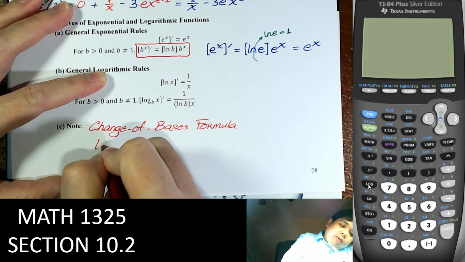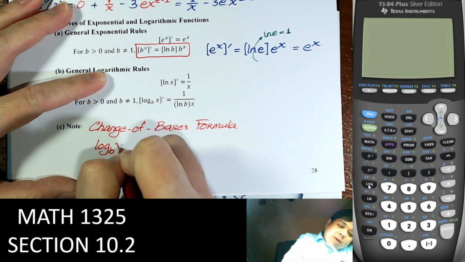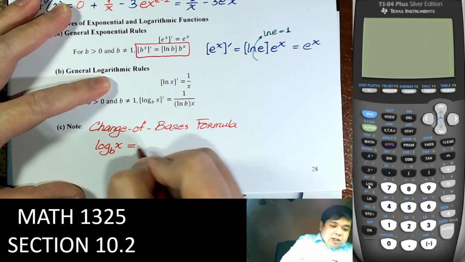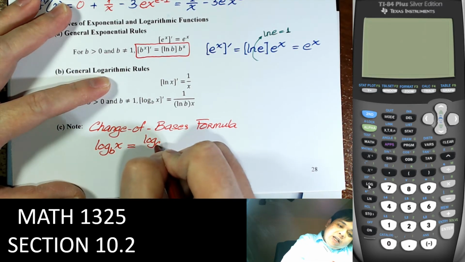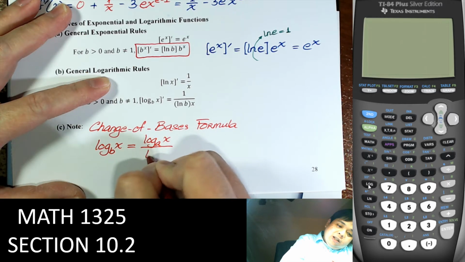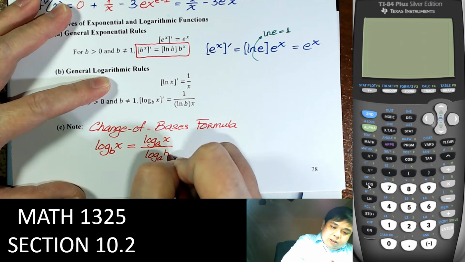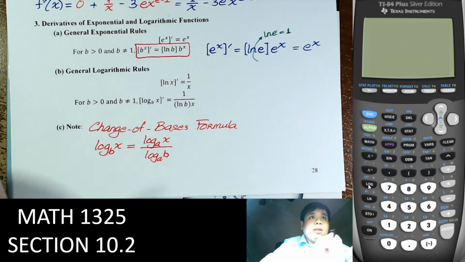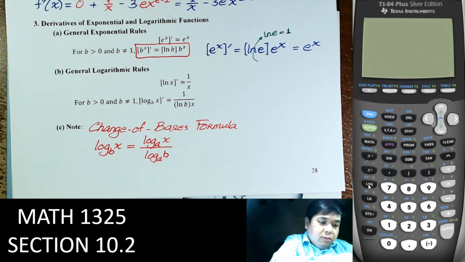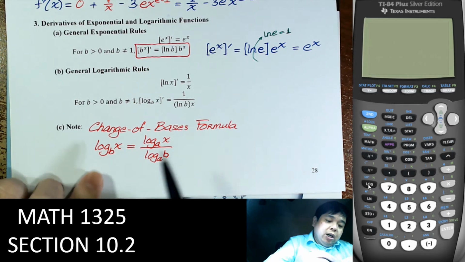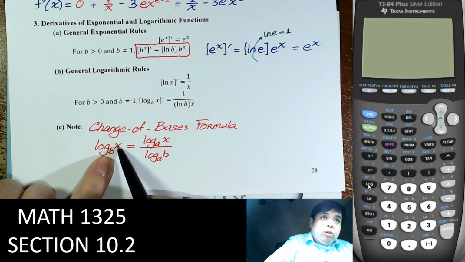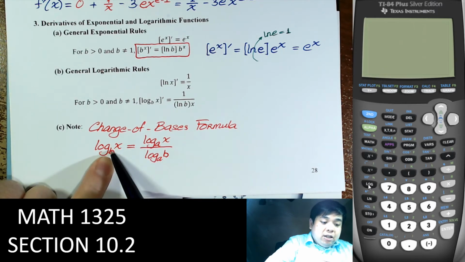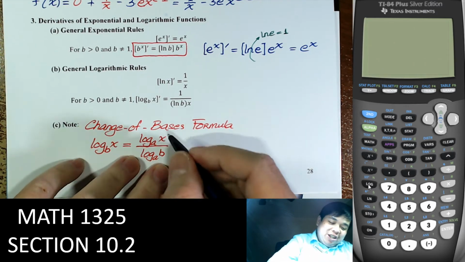So we can go from any base to any other base. We can say log base a, right, any base of the argument divided by the same base of the original base, right?